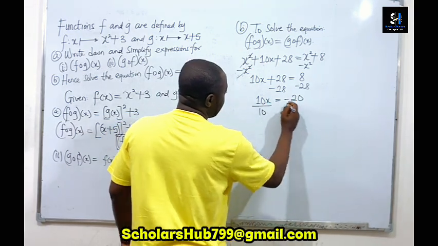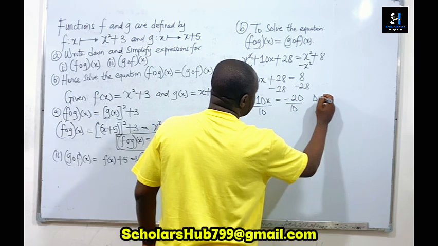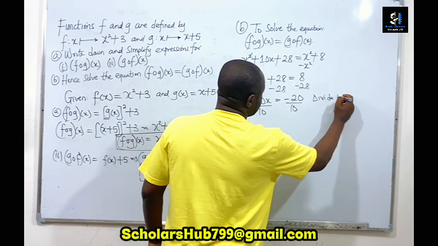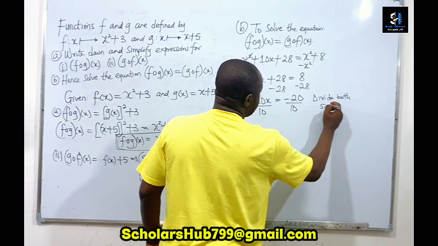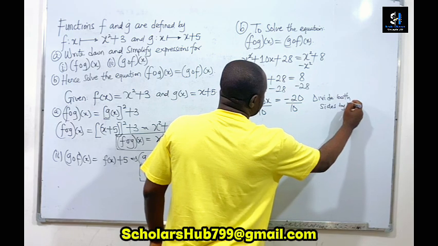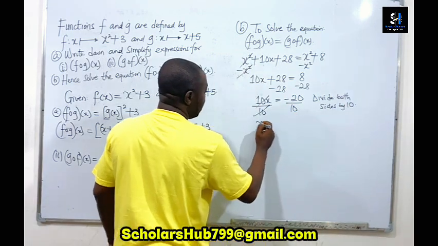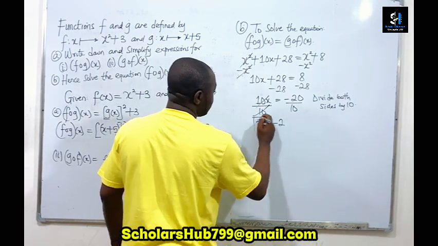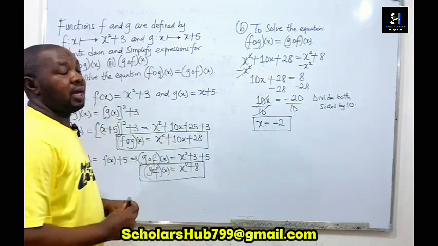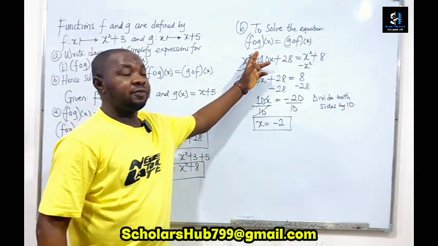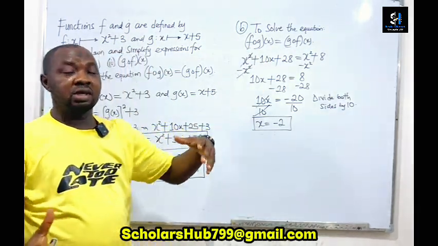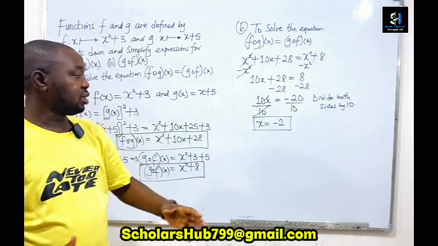So now let me divide both sides by 10, so that x will be equal to minus 2. So the value of x for which the composite function fg of x is equal to gf of x is minus 2.